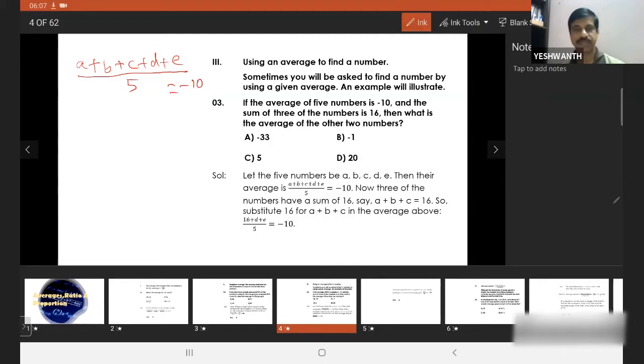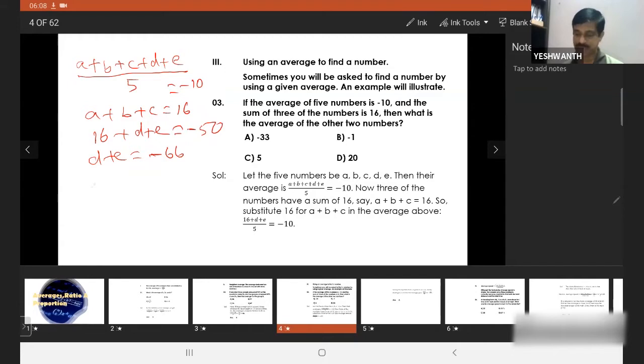The sum of three numbers is 16, means A plus B plus C equals 16. I'll replace it by 16 plus D plus E equals minus 50. So D plus E equals minus 66. Now I want the average of the two numbers, D plus E by 2, that is minus 33. So you have option A for this. Please note it quickly.